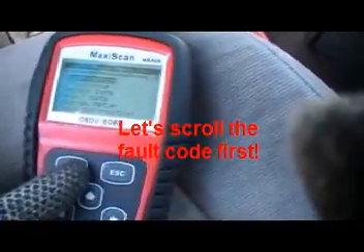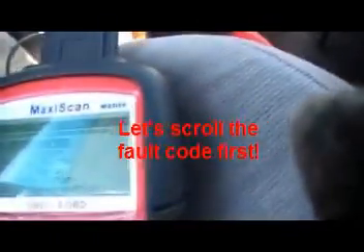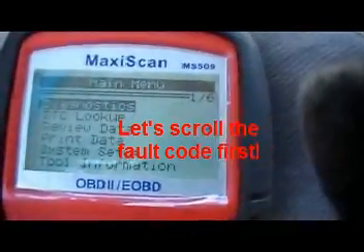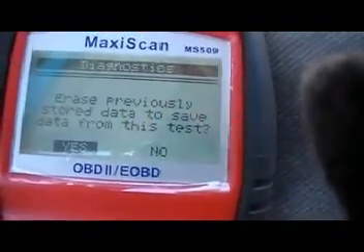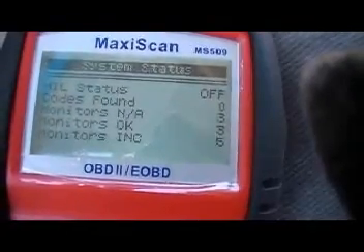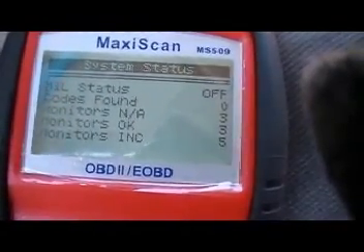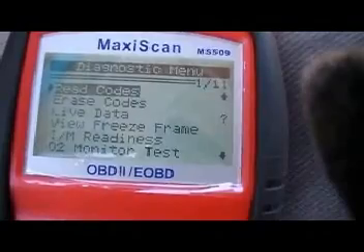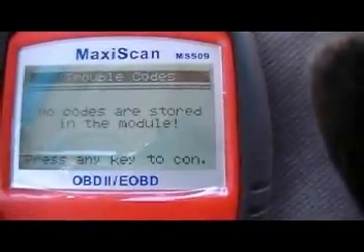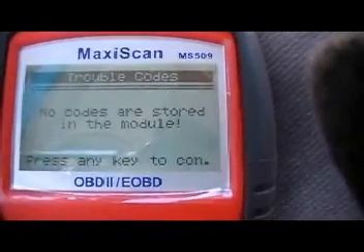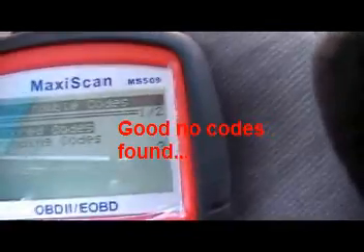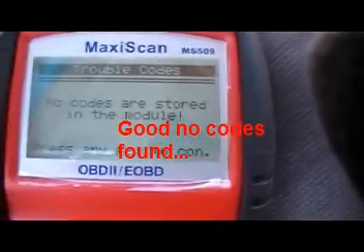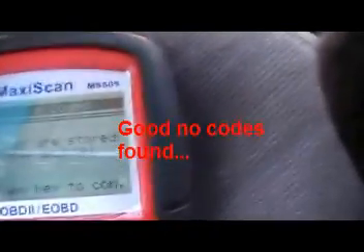So now let's scroll on the scanner buttons and check for the code. According to this, as you can see here, there's no code. Look at that. No codes are stored in the module. So that's good, but I have to find out why there is no start.